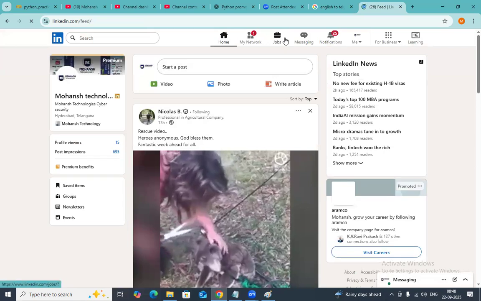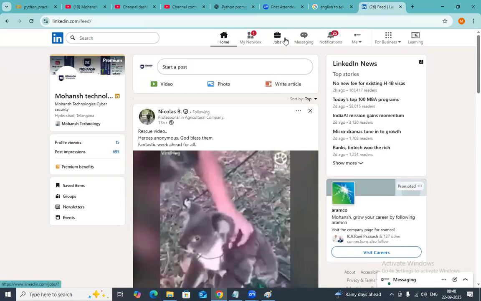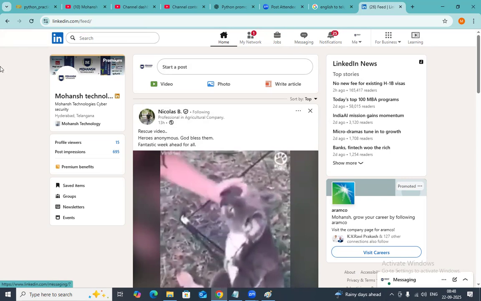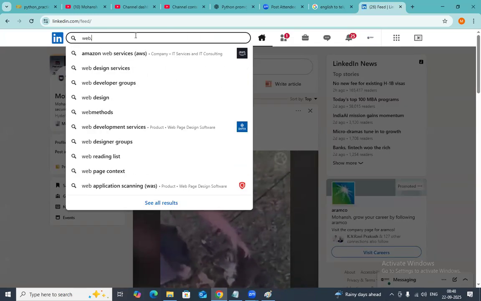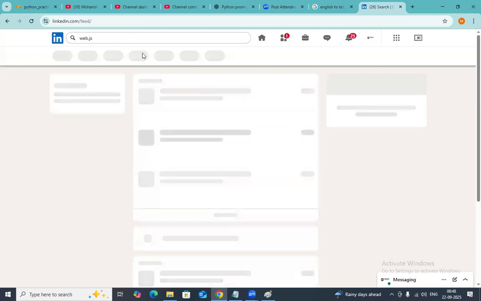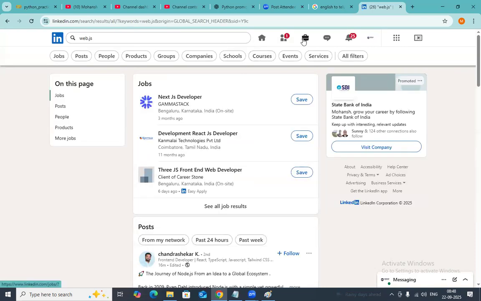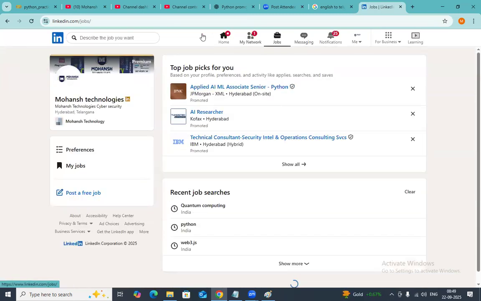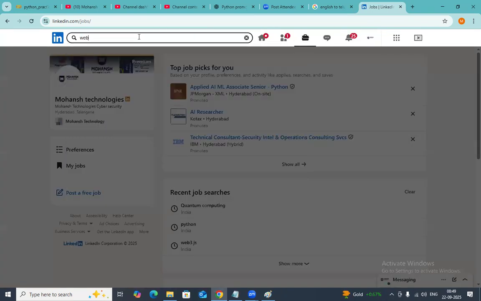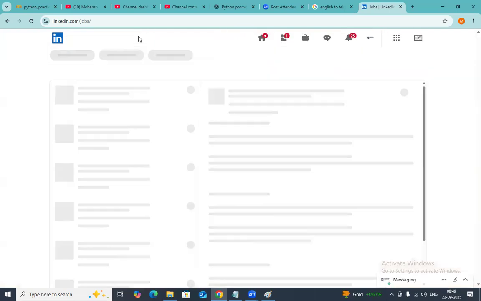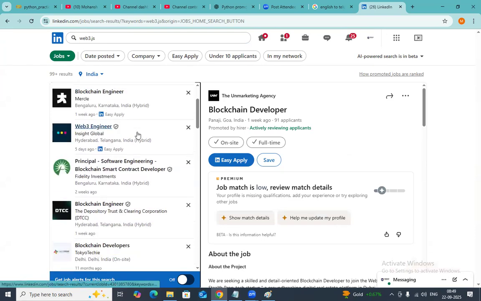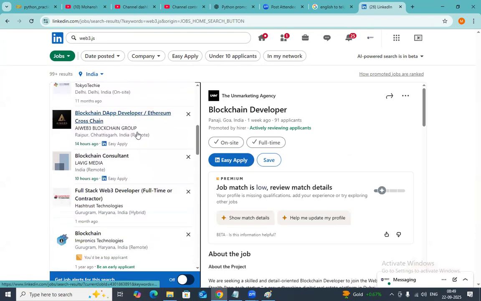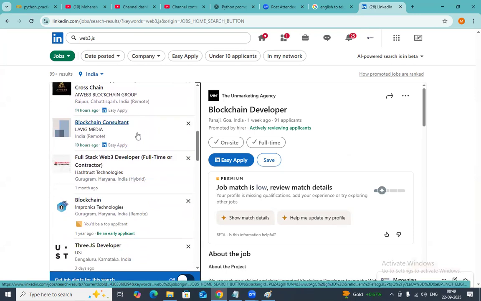Let me go to jobs here and search for Web3.js. When you search for Web3.js related jobs, you will find a number of job openings: Web3 engineer, blockchain developer, blockchain consultant, blockchain full stack Web3 developer, contractor.